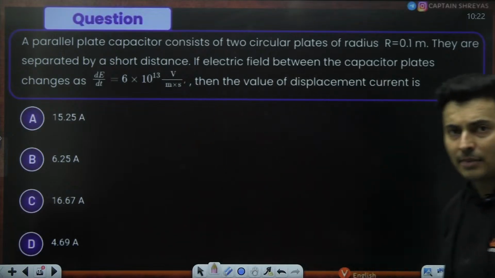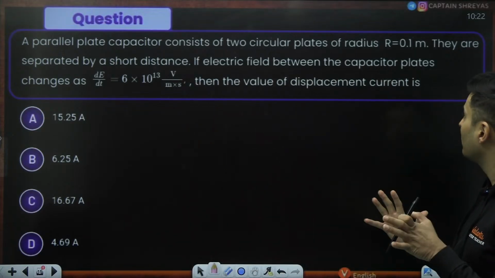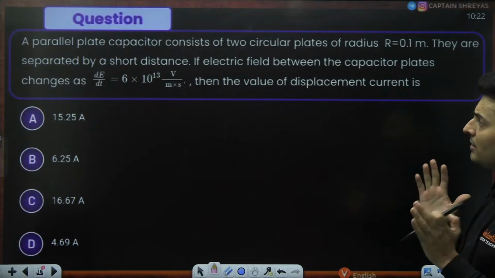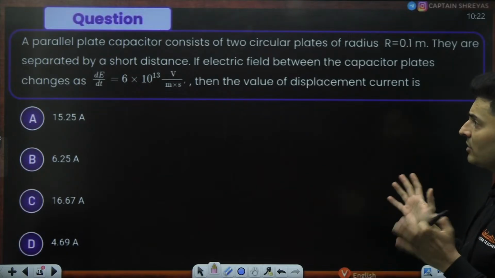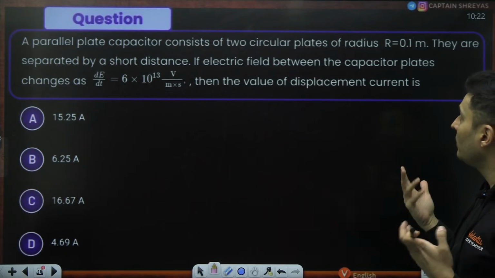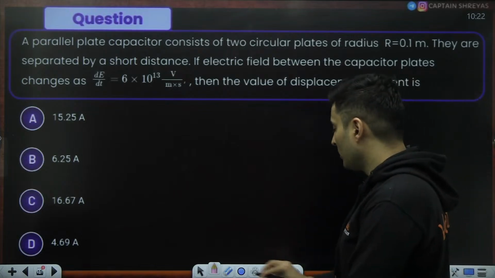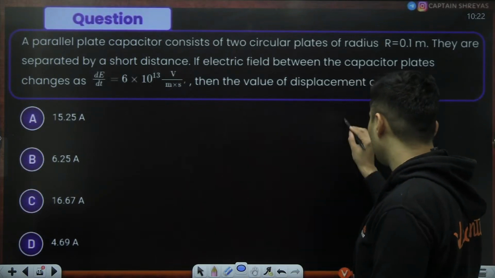There is a parallel plate capacitor and it has 2 circular plates. There is a separation between them. The field between them is also changing. Then the value of the displacement current. So this is a question from electromagnetic waves.